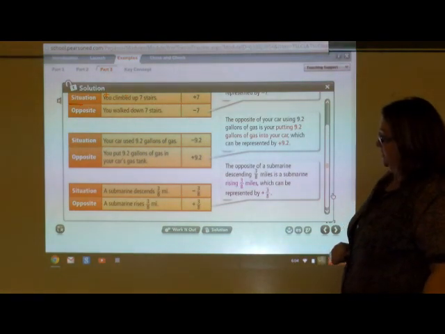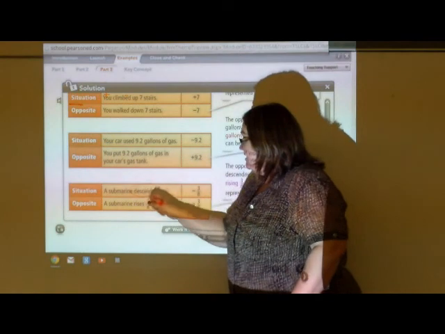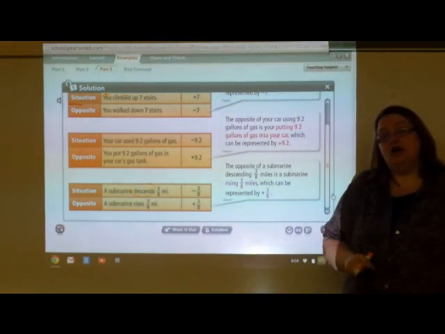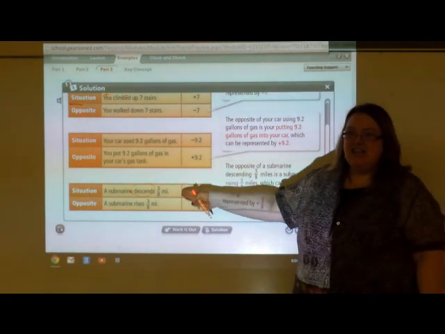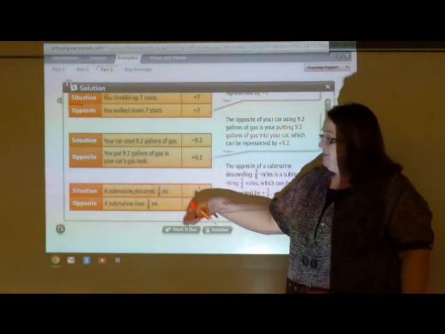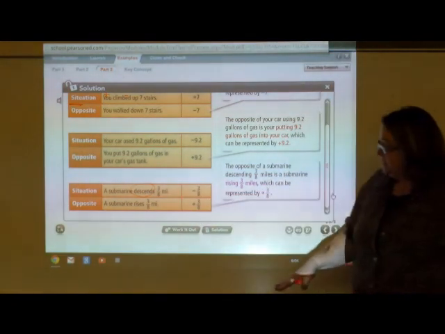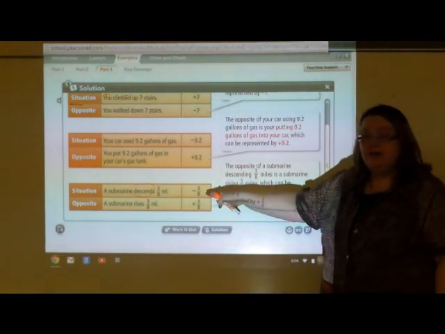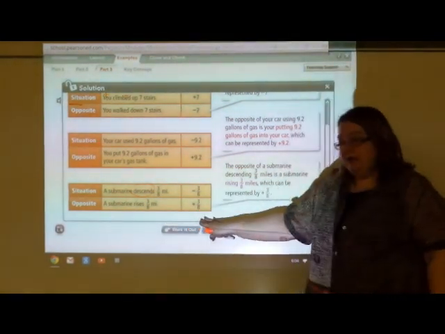Let's look at the next one. If a submarine descends, a key word here, descends does mean go down. Make yourself a little side note because that's a vocabulary word you're going to see and it's going to trick you. Descends means down. So it's descending 3/8 of a mile, so it's a negative 3/8. They came up with a positive 3/8.